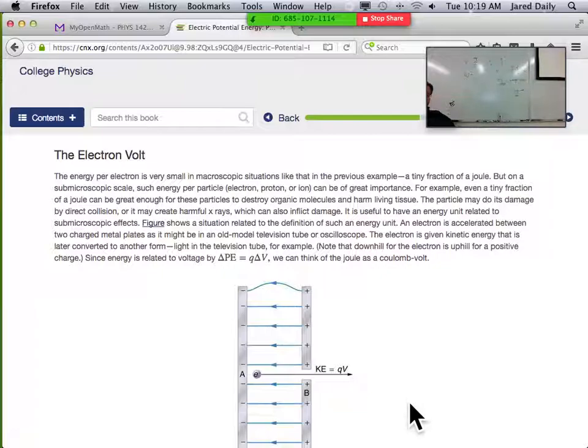So an electron at 1 volt has 1 electron volt of potential energy. An electron at 2 volts has 2 electron volts of energy. So it's a very simple system. If you know the voltage and you know the charge, you can figure out really quickly what the energy is in electron volts. It's just multiplying together.